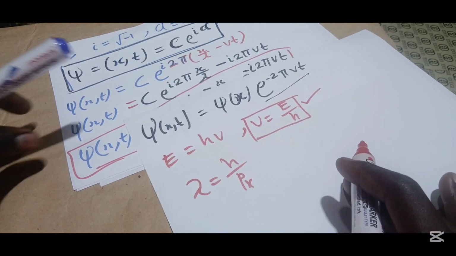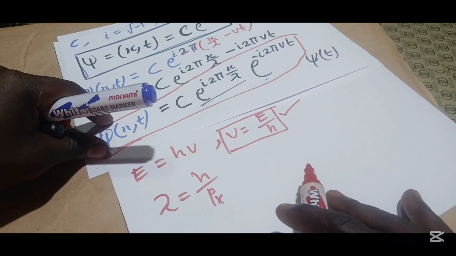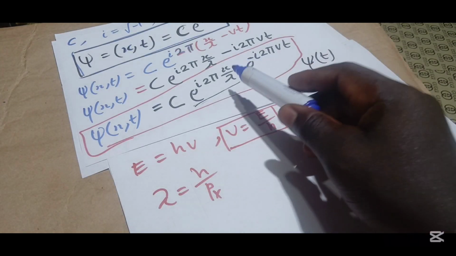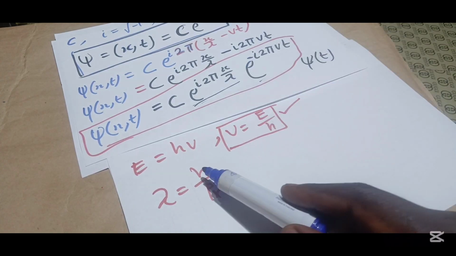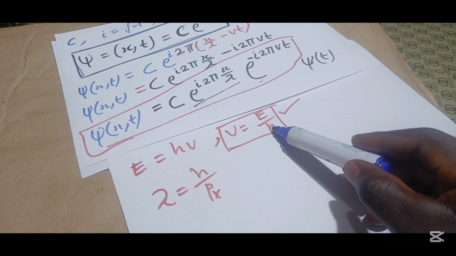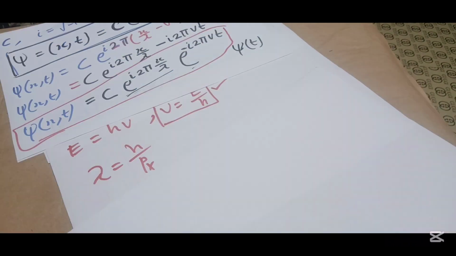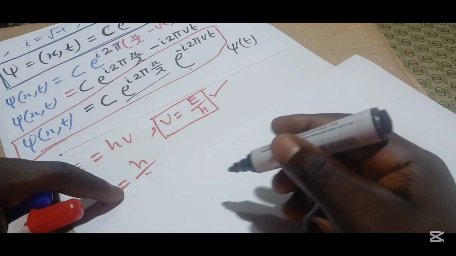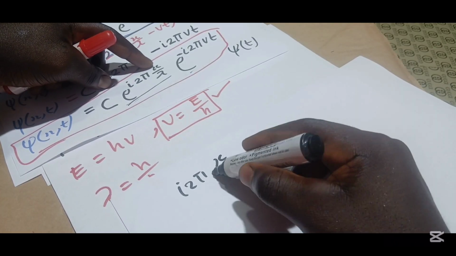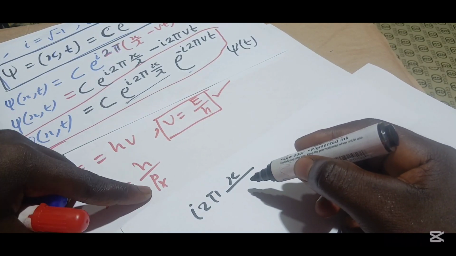So what we want to do now is to replace our lambda here by h over px, and then our v here by E over h. So let's go ahead and do that. Let's work it somewhere and replace it. So we have i 2 pi x, and now our lambda, we are going to replace it by h over px, right?